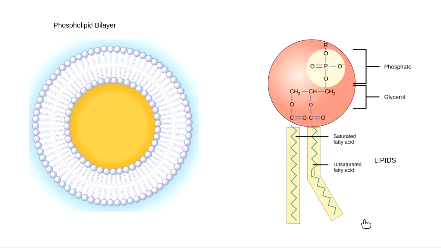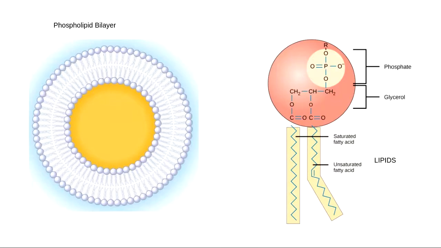I arrange my phospholipids in a bilayer because of their interaction with something. What did our guided lesson say made us form this phospholipid bilayer? It forms because these guys are interacting with water.